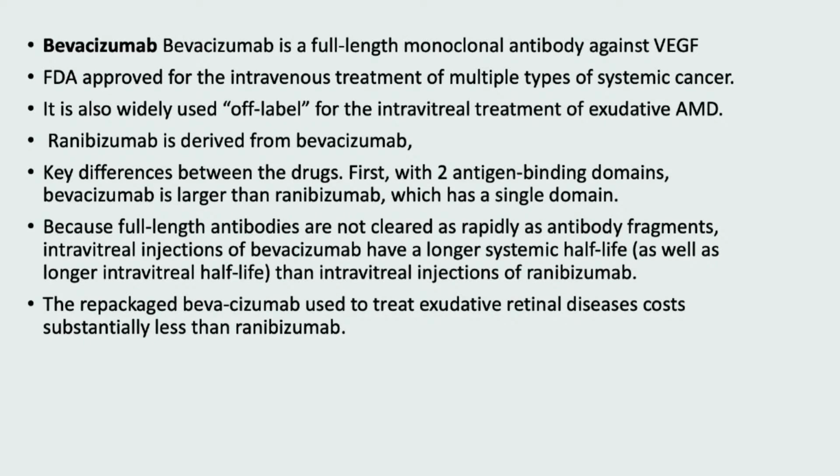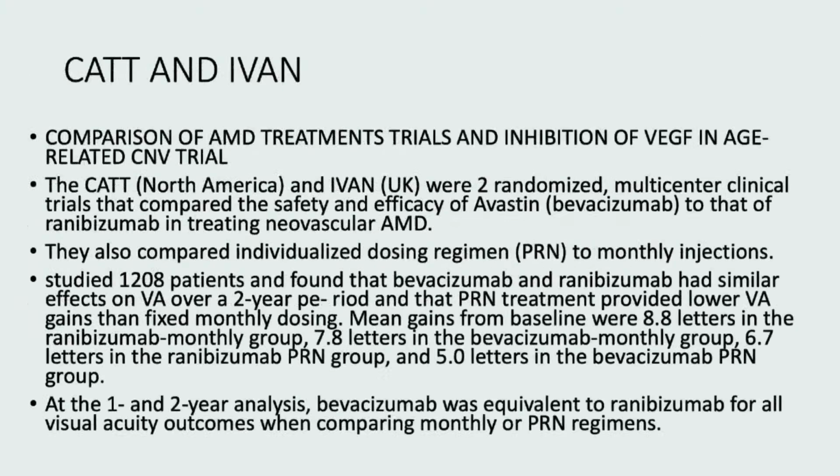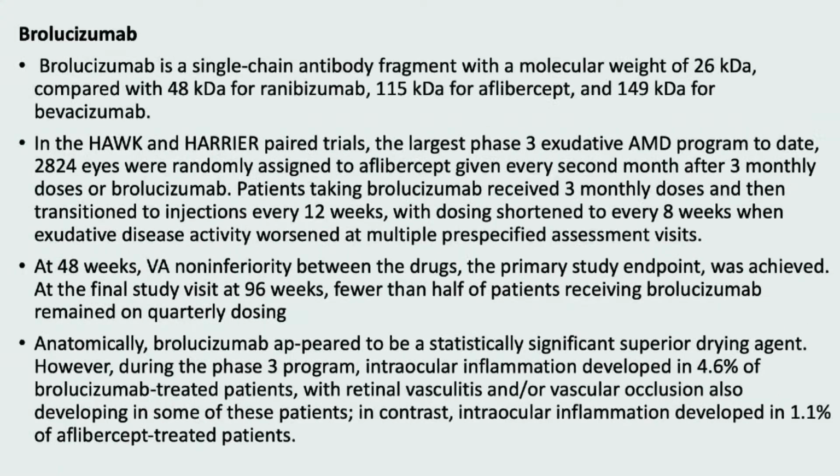It is a full-length antibody, although the FDA did not approve its use in the eye, it was very well approved as a drug in systemic cancer, but it is used as an off-label drug. The CATT and the IVAN trials showed that if you compare monthly bevacizumab with monthly ranibizumab, the difference was not much. So it is as effective, but it also showed that aflibercept tends to do a little better than both ranibizumab and bevacizumab.